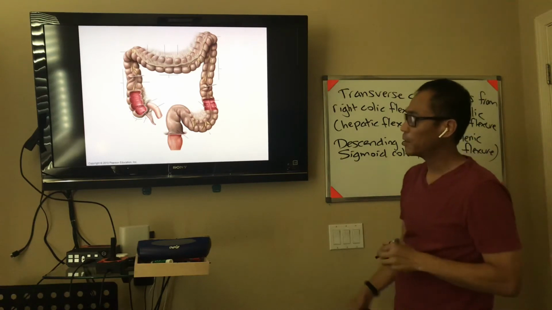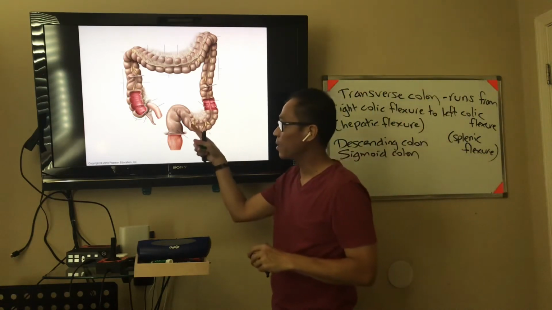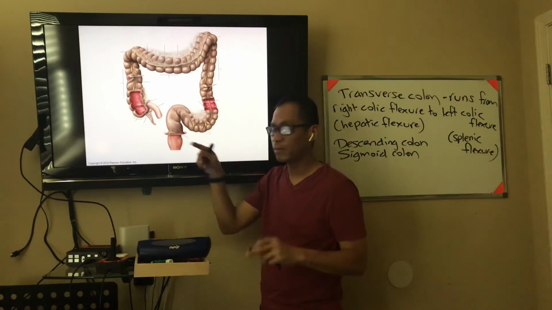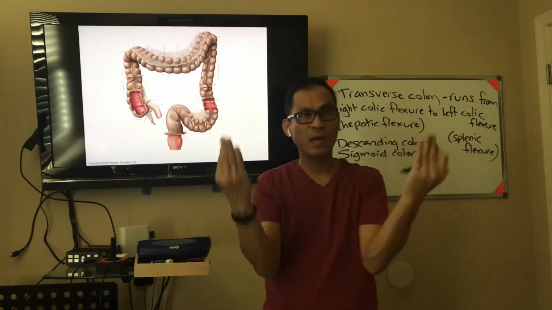S-shaped. Notice how the pockets disappear. The Taenia coli disappear because the Taenia coli at around the rectum restores its full layer. It's not just the three ribbons, it restores its full layer.